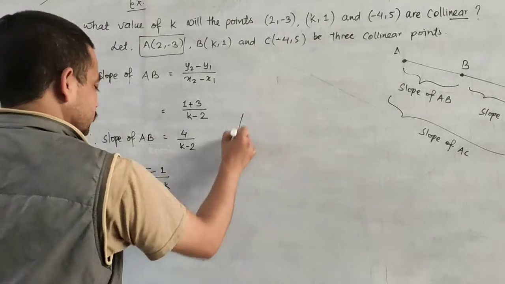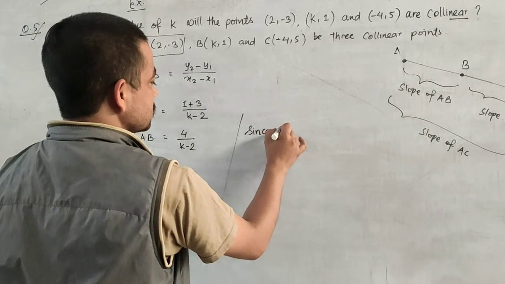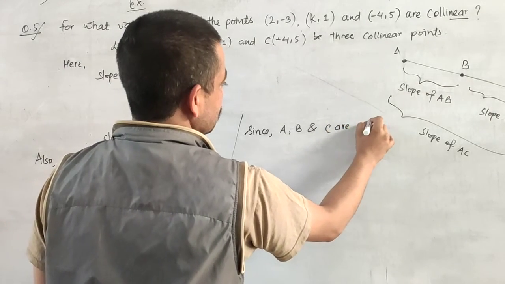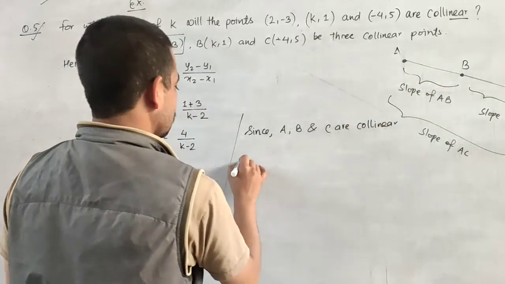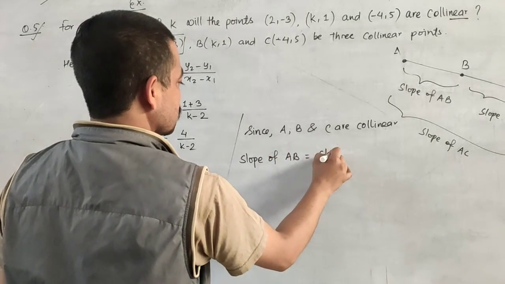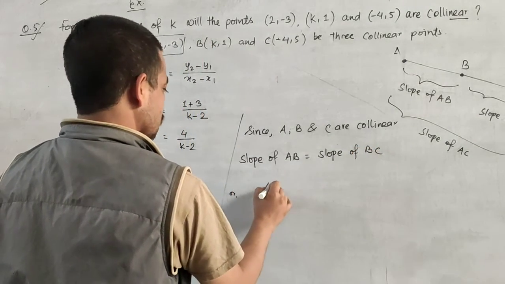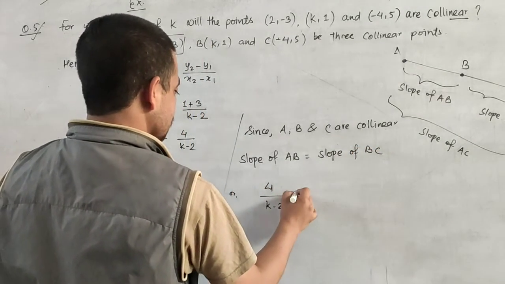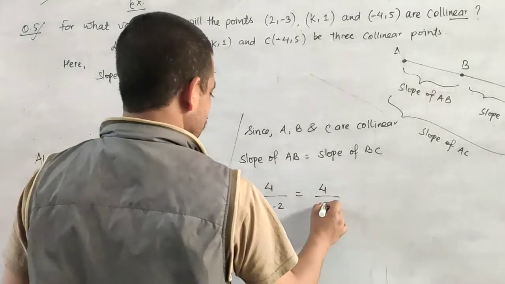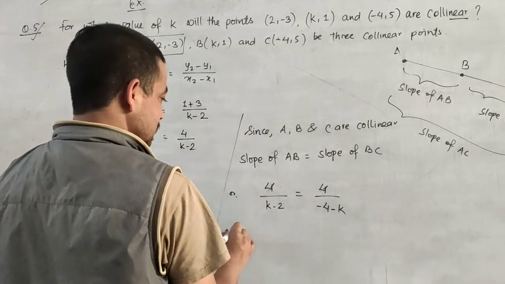So now we know, since A, B and C are collinear, slope of AB equals slope of BC. 4 upon k minus 2 equals 4 upon minus 4 minus k. 4 can be cancelled.